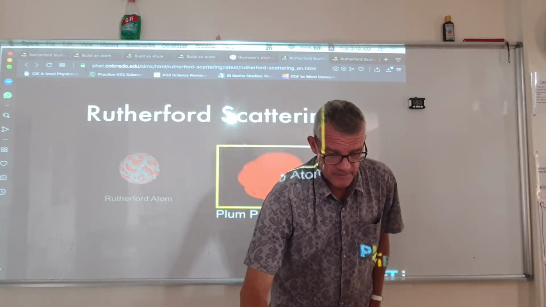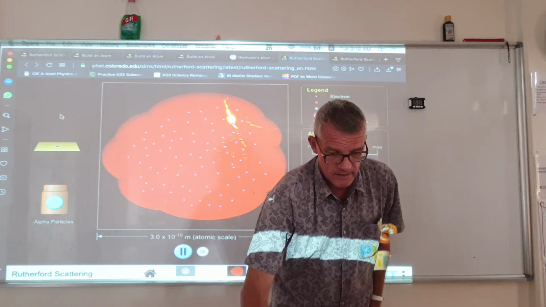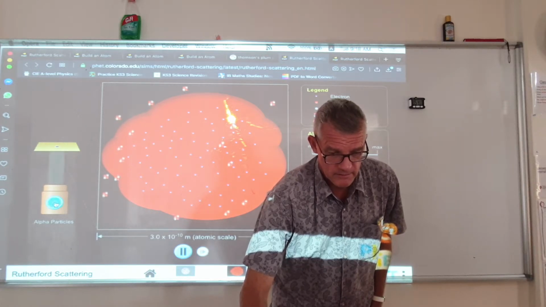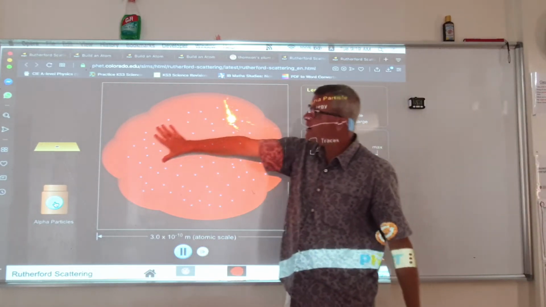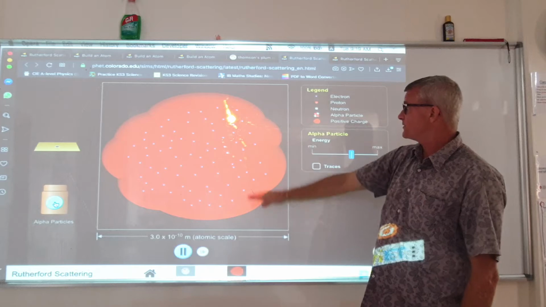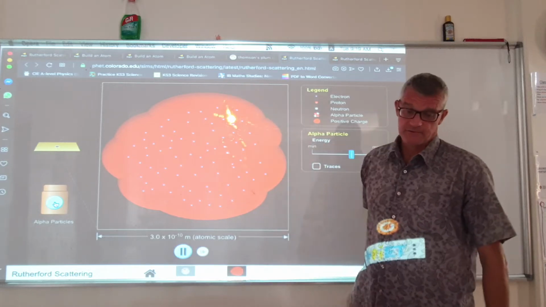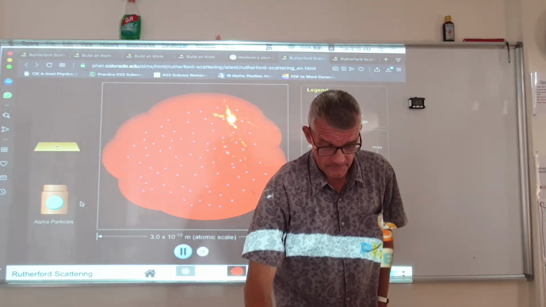Let's look first at the plum pudding. This was what he expected, because they only had knowledge of the plum pudding model, and all the alpha particles would go through the model.